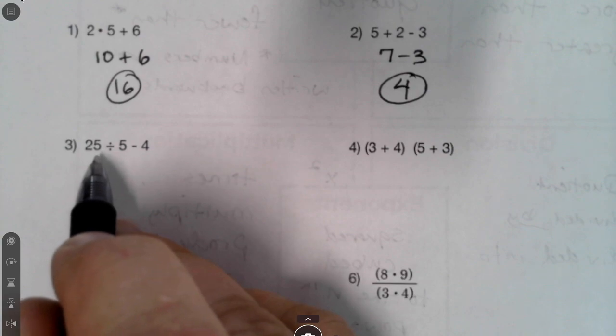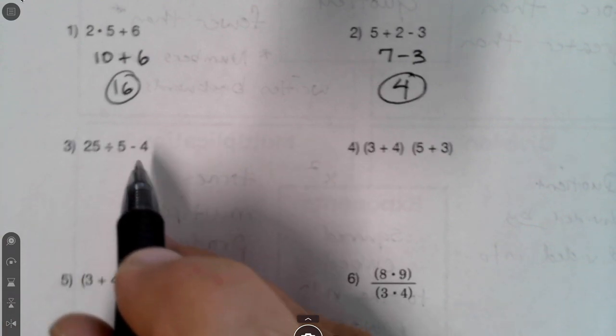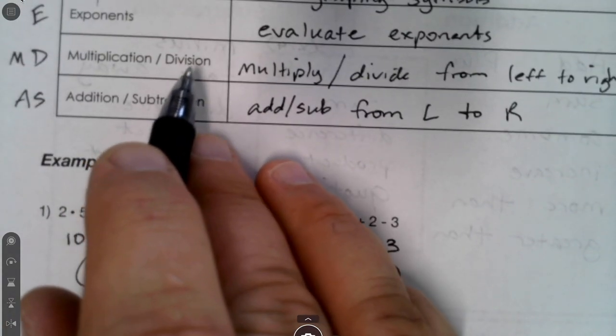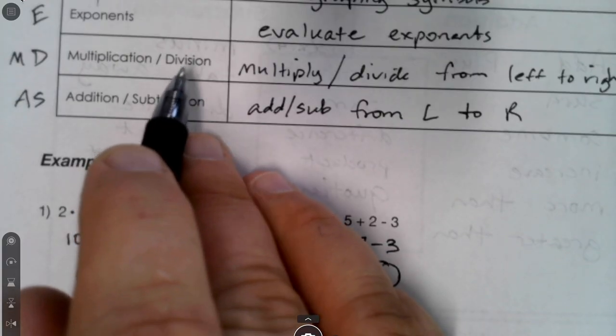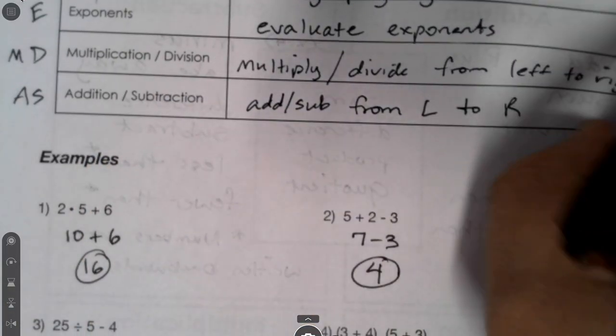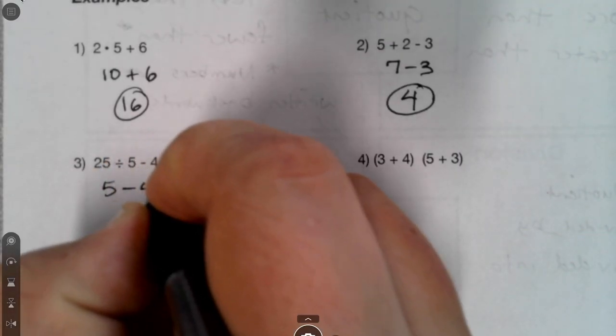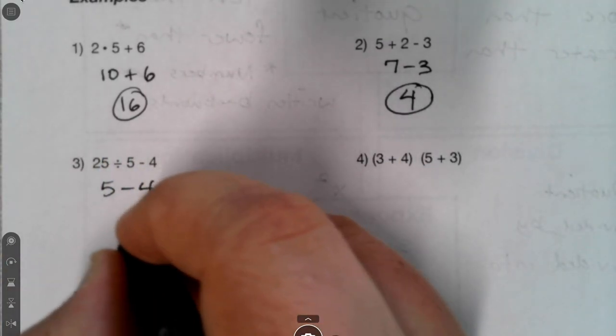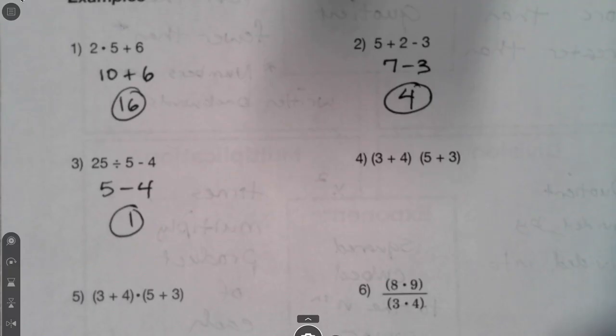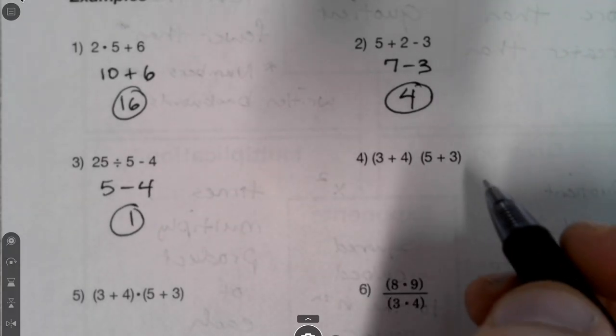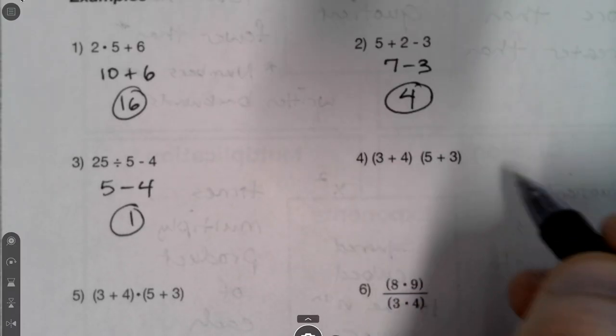As I look at number 3, I see there's division and subtraction. As I look up here, division comes before subtraction, so I should divide first, then subtract. 25 divided by 5 is 5. 5 minus 4 is 1. As I look at number 4, I see there are some parentheses.